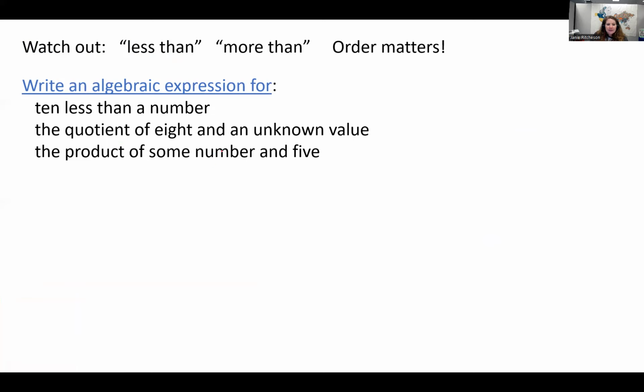All right, the product of some number and 5. Product means multiplication. So you could say x times 5, or anytime you see something like this with a variable and a whole number multiplied together, it's almost always going to be written in this order. Almost always, every single time, almost.